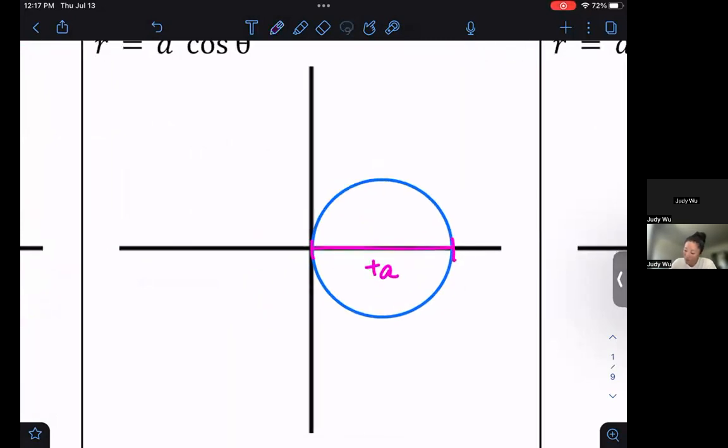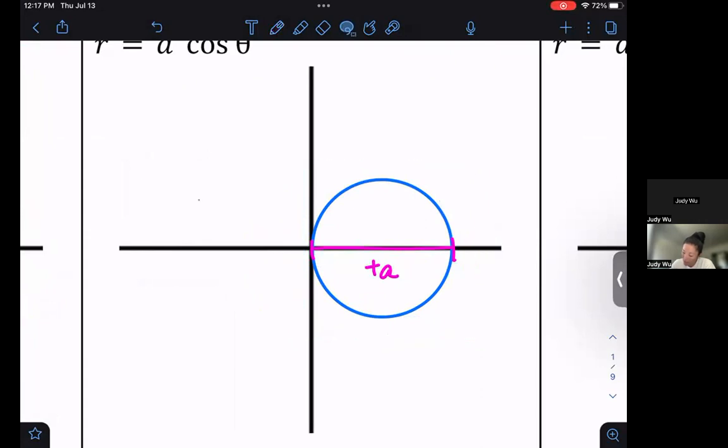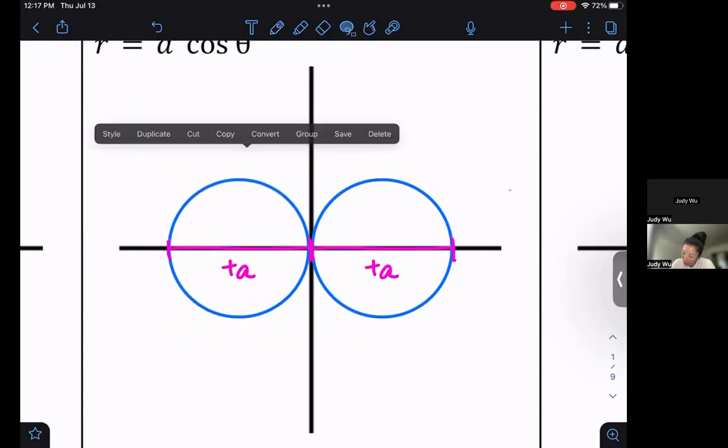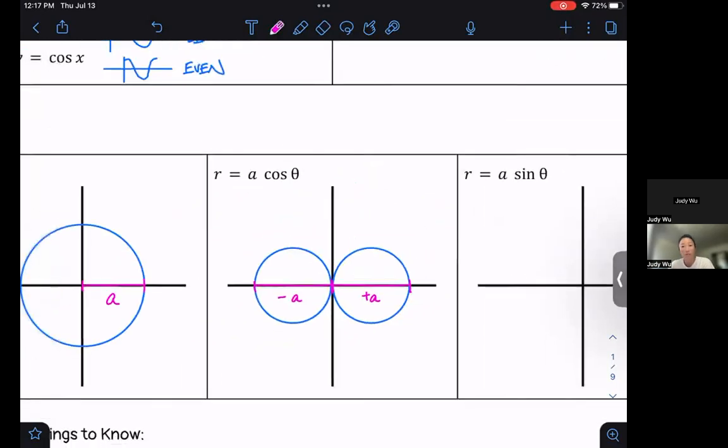Now, on the other hand, if we happen to have a negative a, let's change that from positive a to negative a, we end up with a circle on the left-hand side, okay?